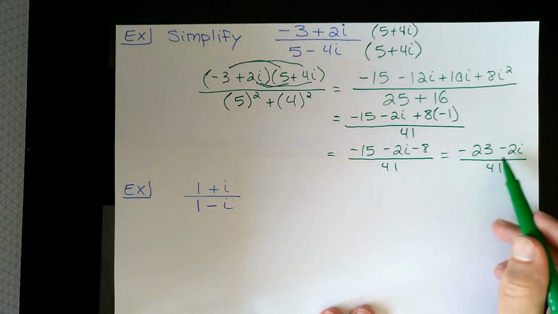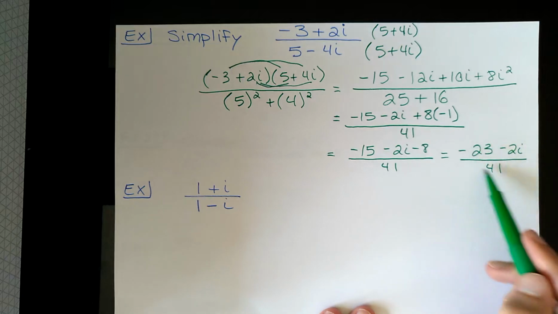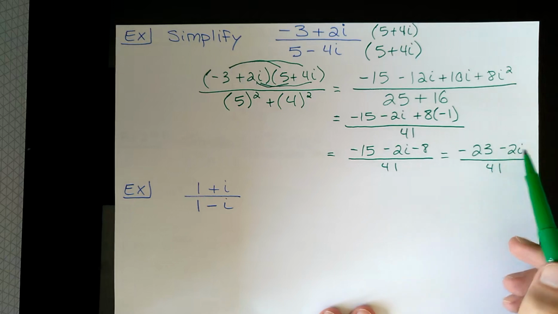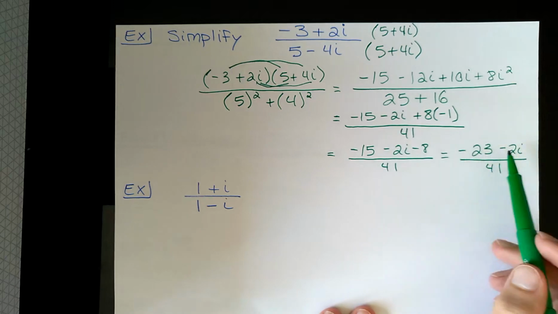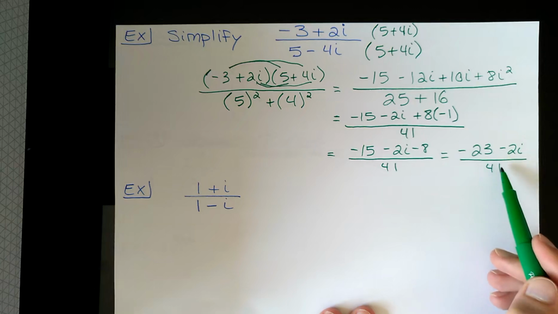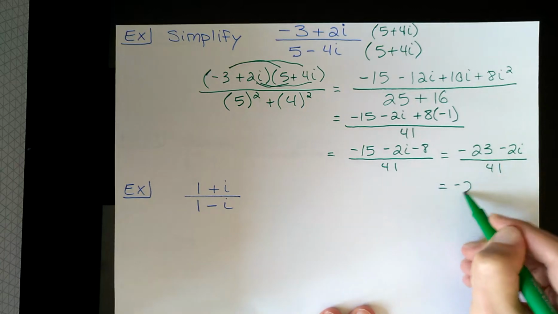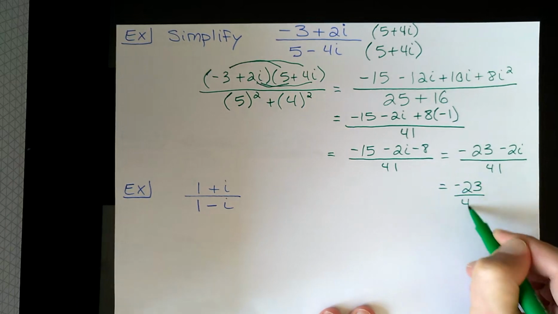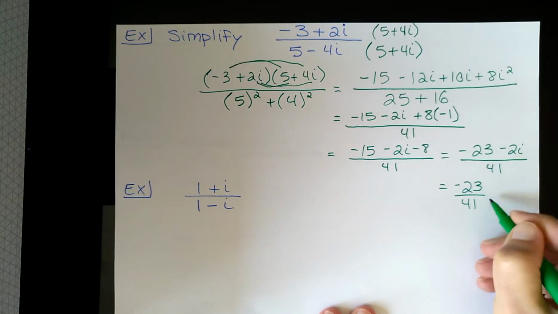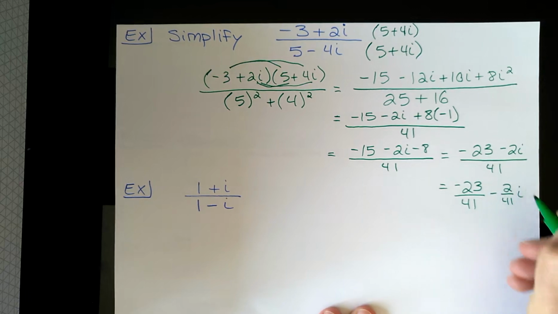Is this in our complex notation? Well, no, because we have only one term. We need to have two separate terms being added or subtracted. So we need to break this up into two separate fractions. This is going to give us negative 23 over 41 minus 2 over 41i.